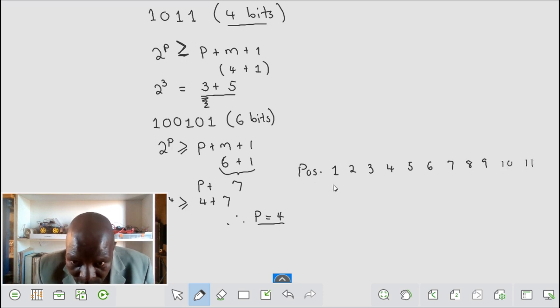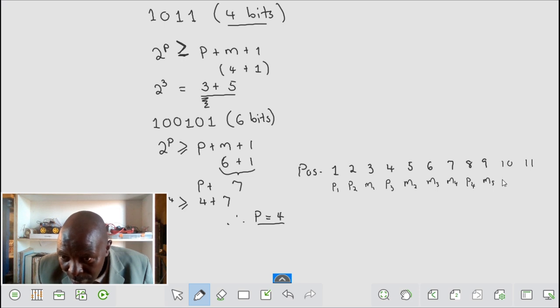This is P1, this is P2, this is P3, this is P4, and then that is message 1, message 2, message 3, message 4, message 5, message 6. Okay, so we have 6 bits plus the 4 bits. What do we have? We have got 10, not 11, 10.